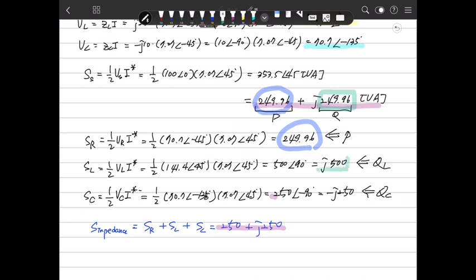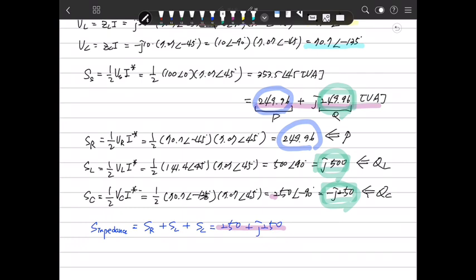But how about the inductor? This is 500, and the capacitor is minus 250. So that means the inductance needs 500 of reactive power, but half of it is supplied from the source, and the remainder, the other half, is supplied by the capacitor, because the power angle is different in the capacitor and inductor.